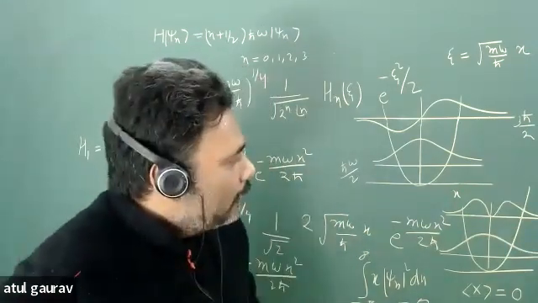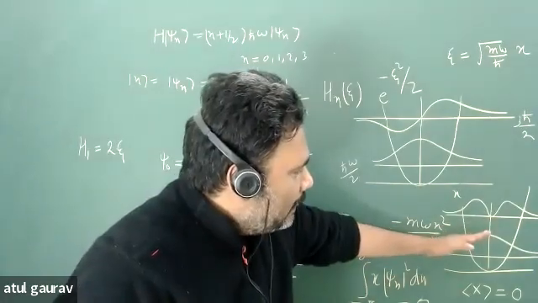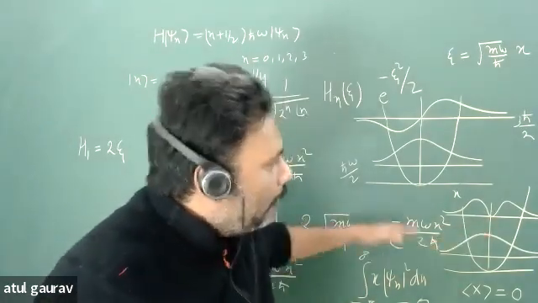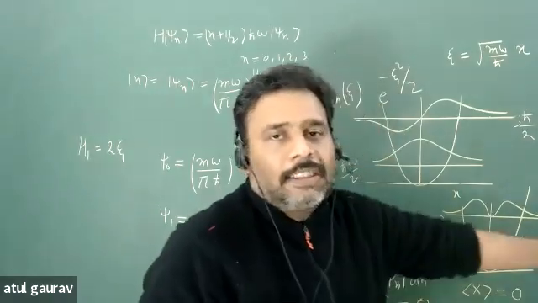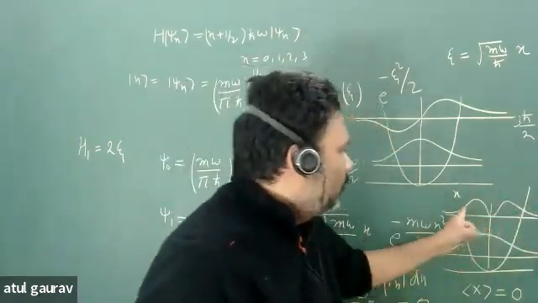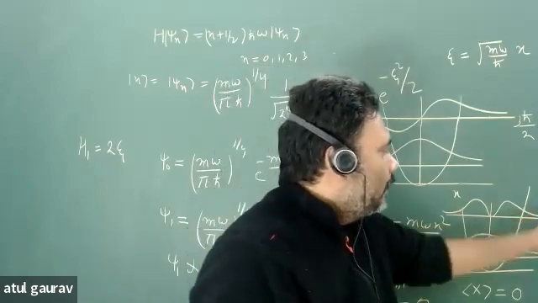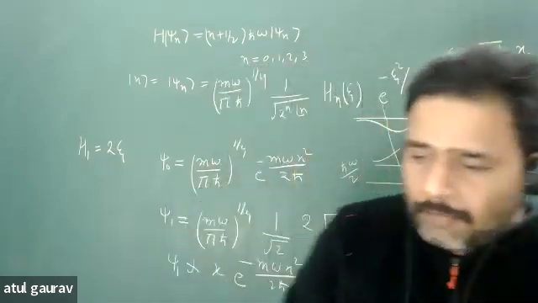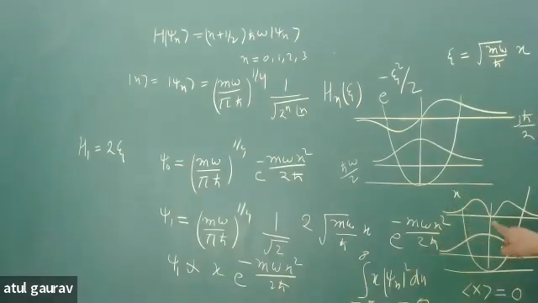And now you can think, the particle can tunnel into which region? Into the classically forbidden region. You can see there is a tunneling effect. And in the first excited state, you have minimum probability at the center.